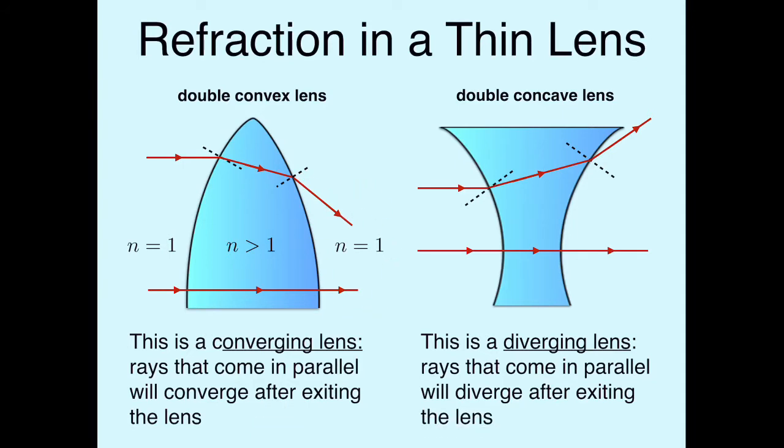Okay, so if we use the double convex lens as our example, let's take this ray right here, which is actually hitting the lens surface at an angle of 0 degrees relative to the normal line. Well, in this case, the ray that goes into the glass is not going to be bent at all.